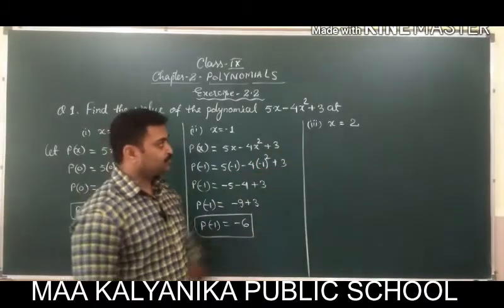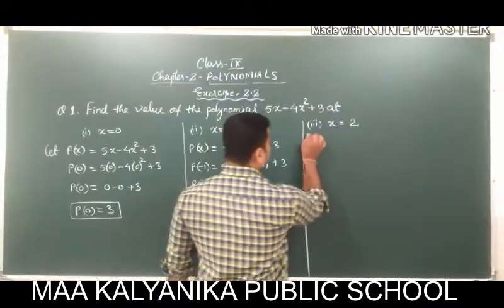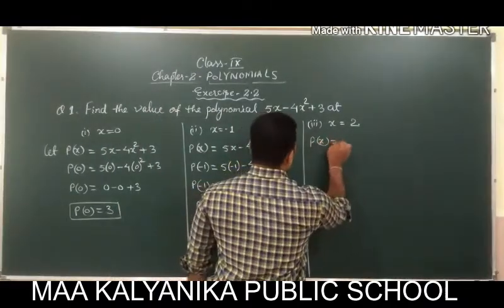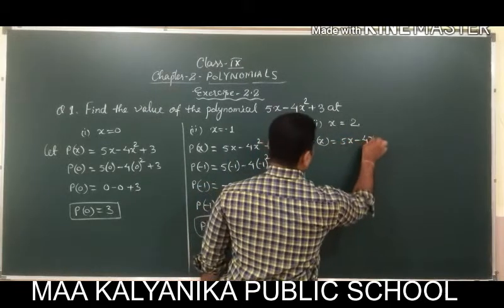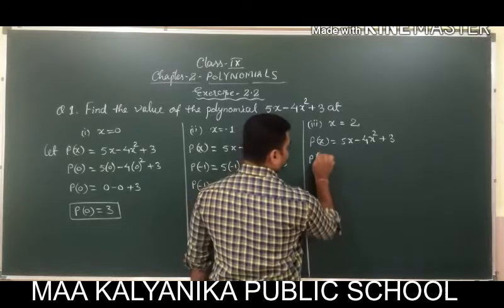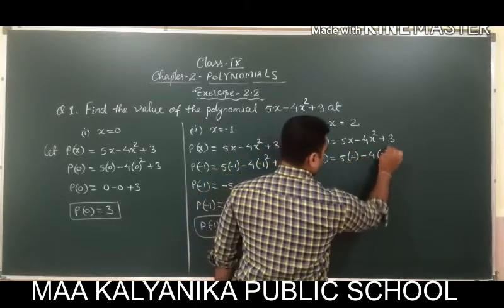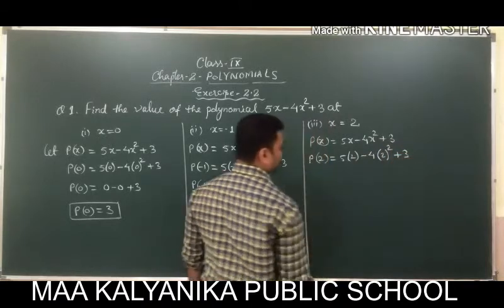In the last part we have to put x is equal to 2. So again let p(x) is equal to 5x minus 4x square plus 3, then put x is equal to 2. So p(2) is equal to 5 into 2 minus 4 into 2 square plus 3.